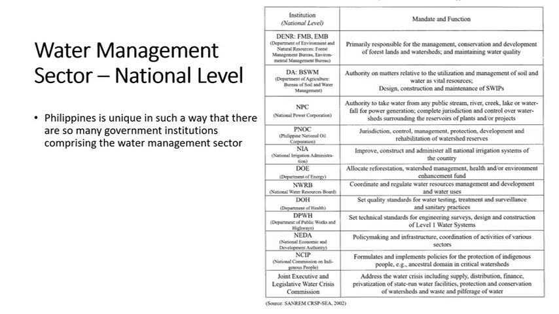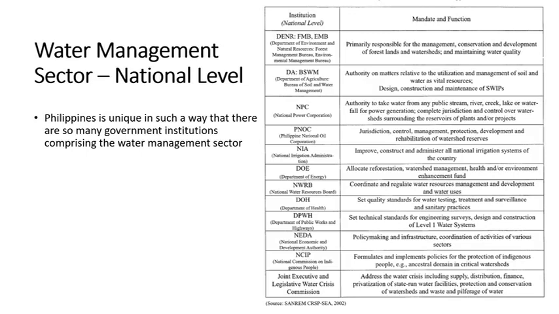PNOC, surprisingly, the Philippine National Oil Corporation, also has the jurisdiction, control, management, protection, development, and rehabilitation of watershed reserves. So again, this overlaps with the NPC and DNR's roles.